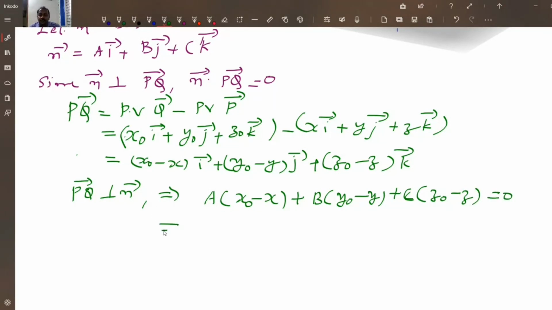So you may take the negative of this to get x minus x naught, y minus y naught, z minus z naught, and you cancel that negative 1 here.